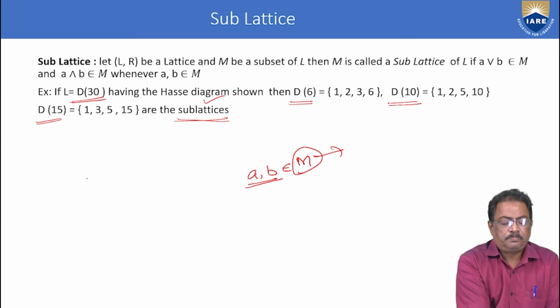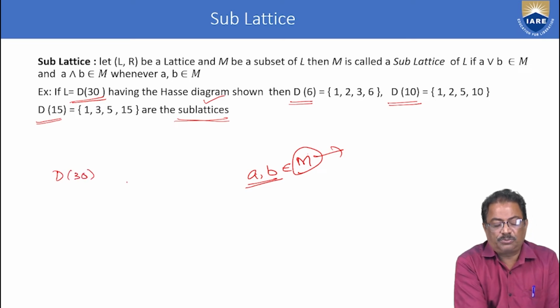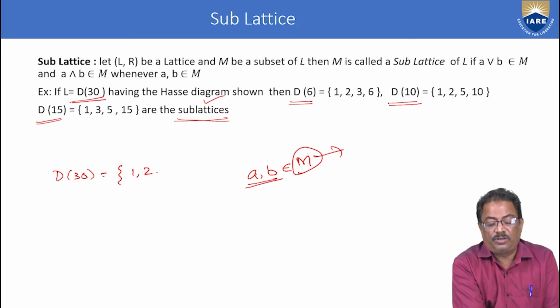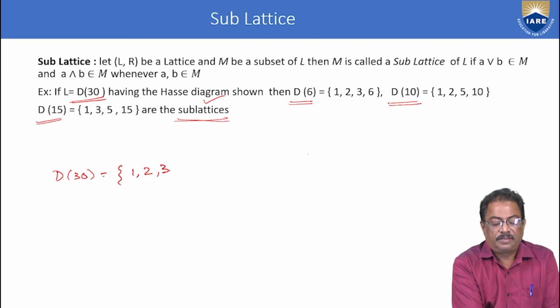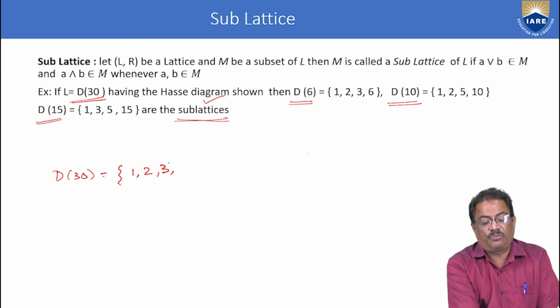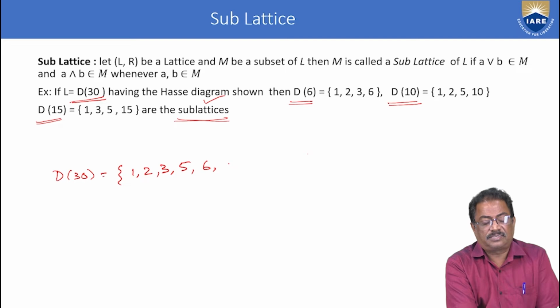So what is D30? We just have to consider the elements from 1 to 30. 1 divides 30, 2 divides 30, and next 3 divides 30, and 4 does not divide, 5 divides, 6 divides, 7, 8 and 9 do not, 10 divides, 11, 12, 13, 14 do not, 15 divides, then 16, 20, 25 do not, except 30.